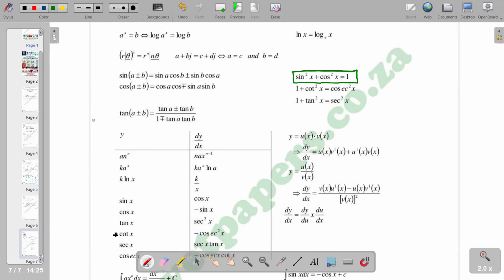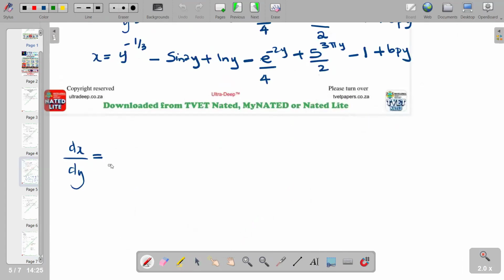We bring down our n and multiply by the coefficient.